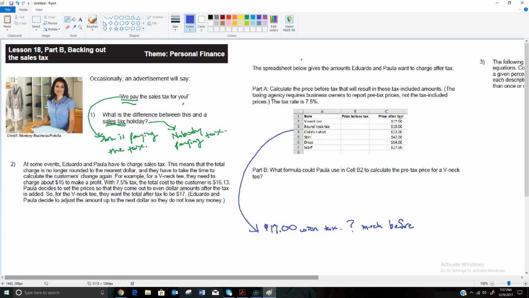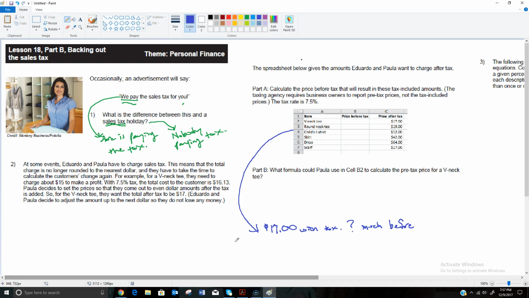If I then go to the after-tax amount and I do 7.5% of that, it's going to be bigger because this is a bigger amount. So the 7.5% is based on what you're multiplying it by. And if I multiply it by this bigger amount, I'm going to take too much off. So I don't know how to emphasize this enough that you can't just take that amount and take 7.5% off.